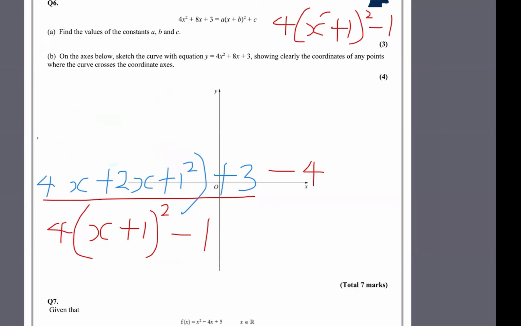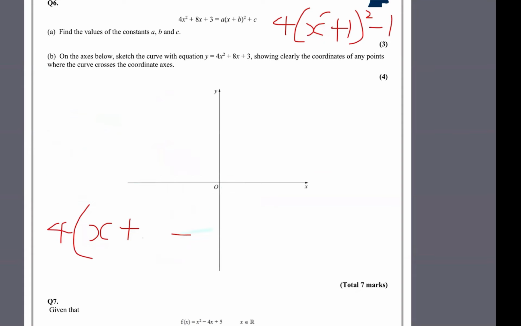So what is so important about writing quadratic expressions in the form a bracket x plus b squared plus c? It helps us to sketch a quadratic. The first thing is, if we are going to sketch, 3 things have to be noted.